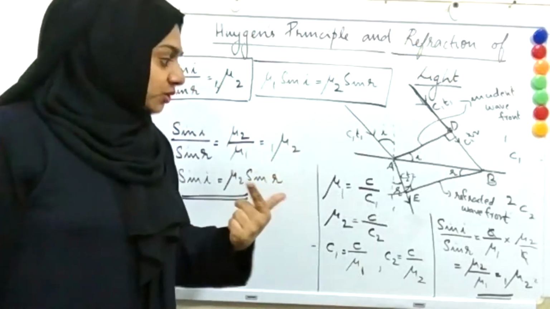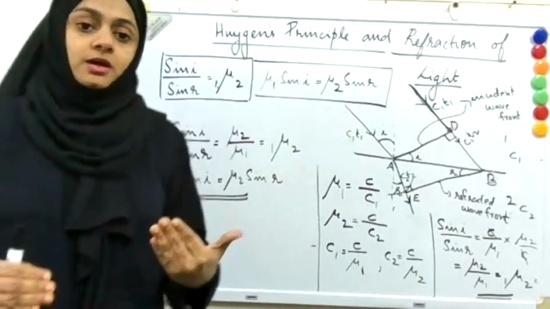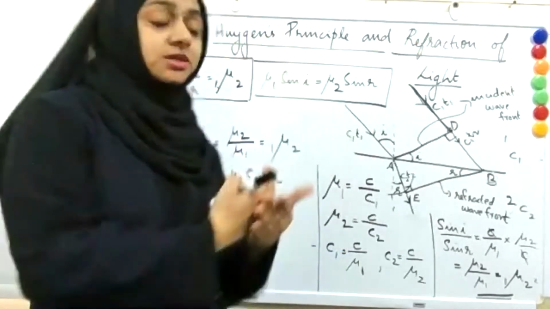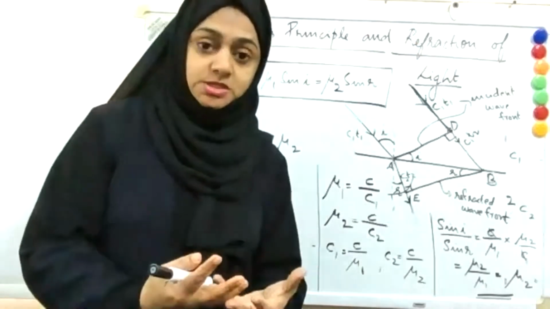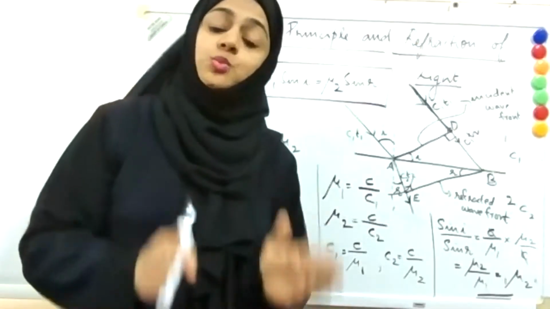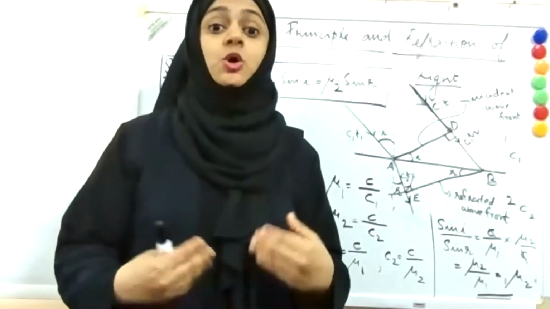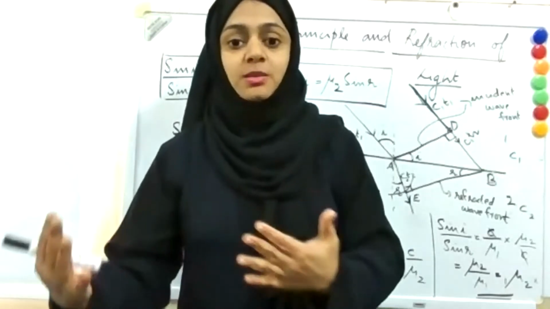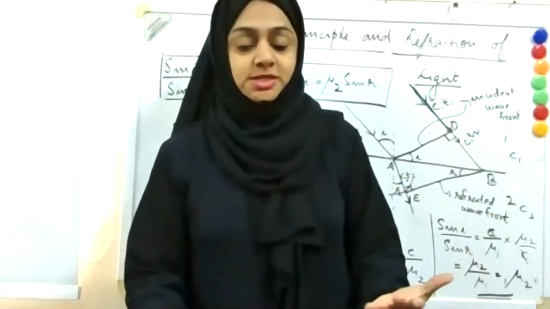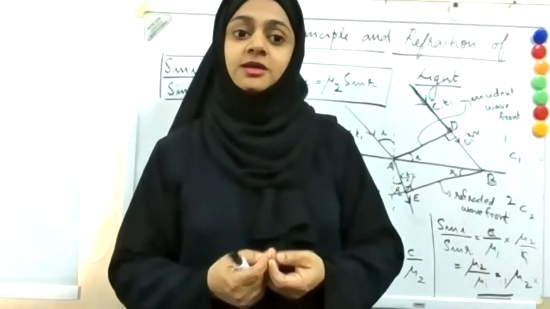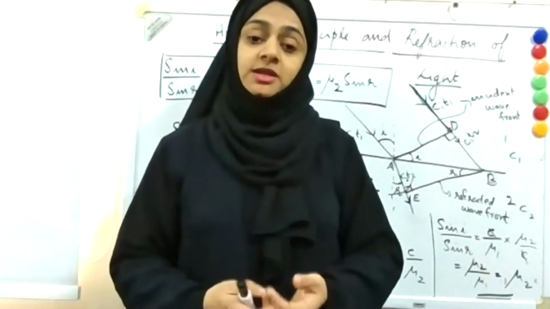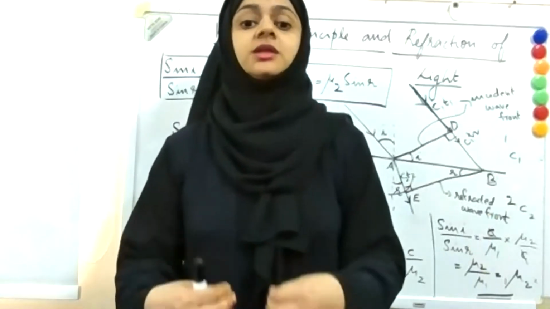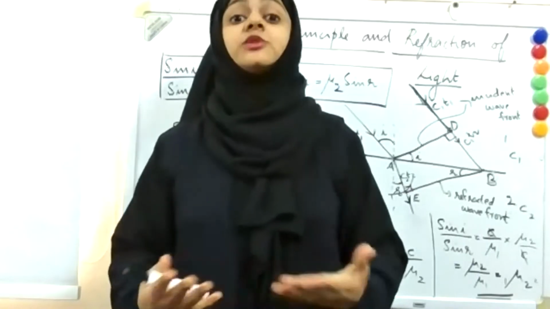Earlier, I told you that during the time when Christian Huygens proposed this wave theory, what was prevailing was Newton's corpuscular theory, according to which light is a stream of particles called corpuscles. And in that theory, Newton suggested that the light ray will travel faster in a denser medium than in vacuum.